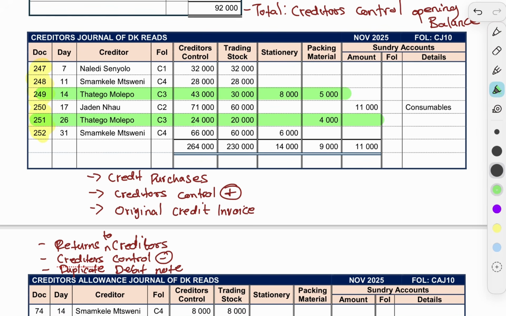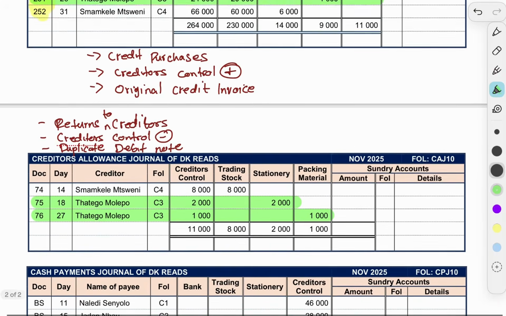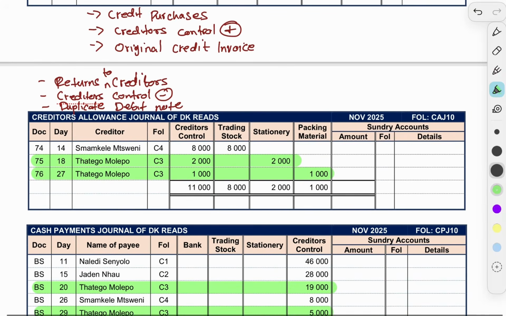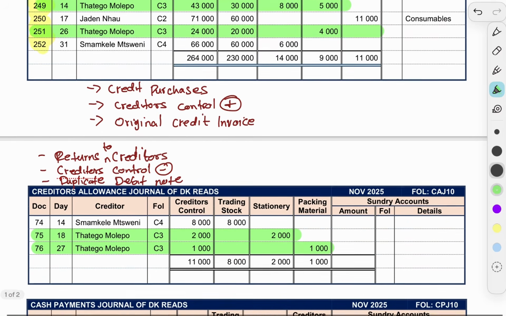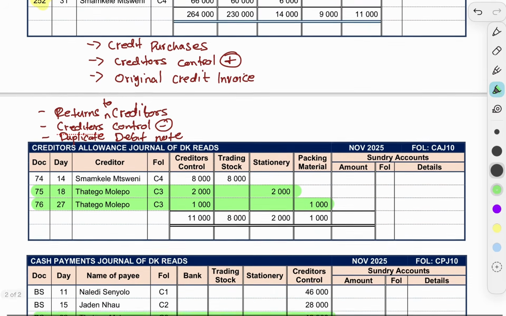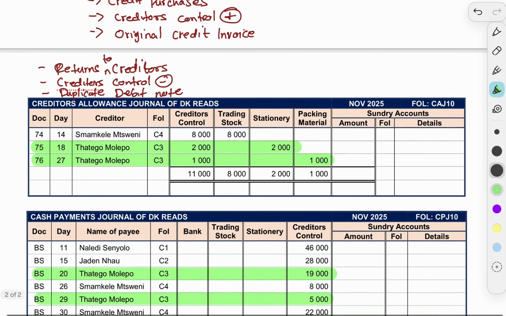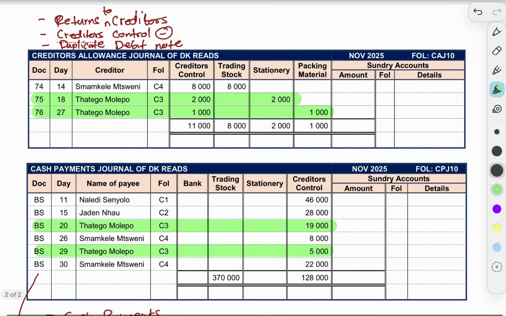The one that came first is on the 14th, followed by the 18th, the 20th, the 26th, the 27th, and then the 29th. So we have six transactions that we need to record under the creditors ledger of Tate Kgomo.